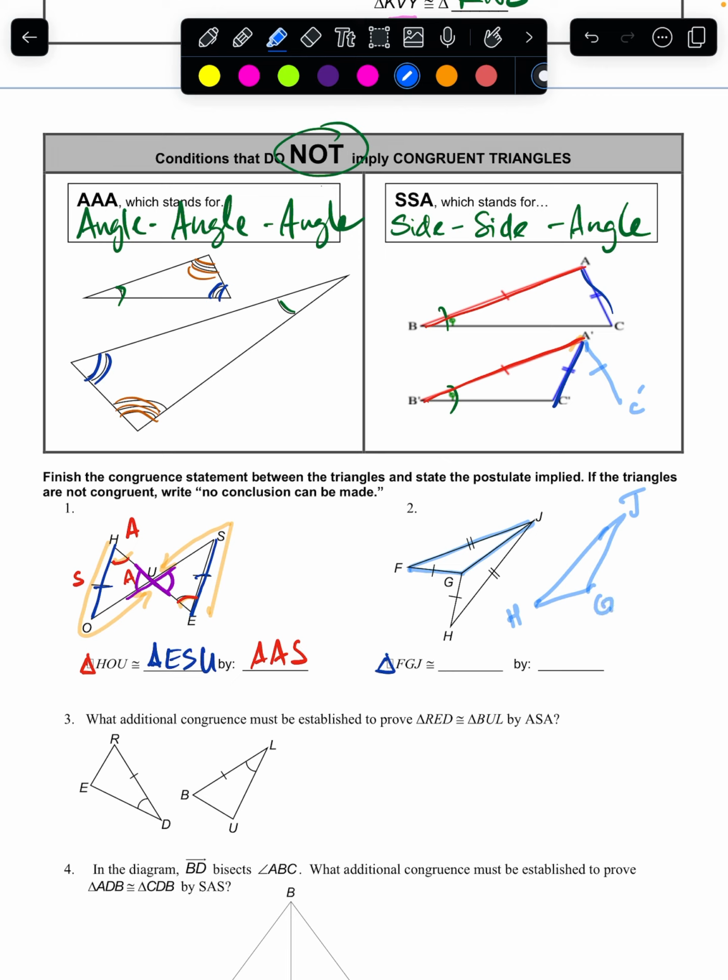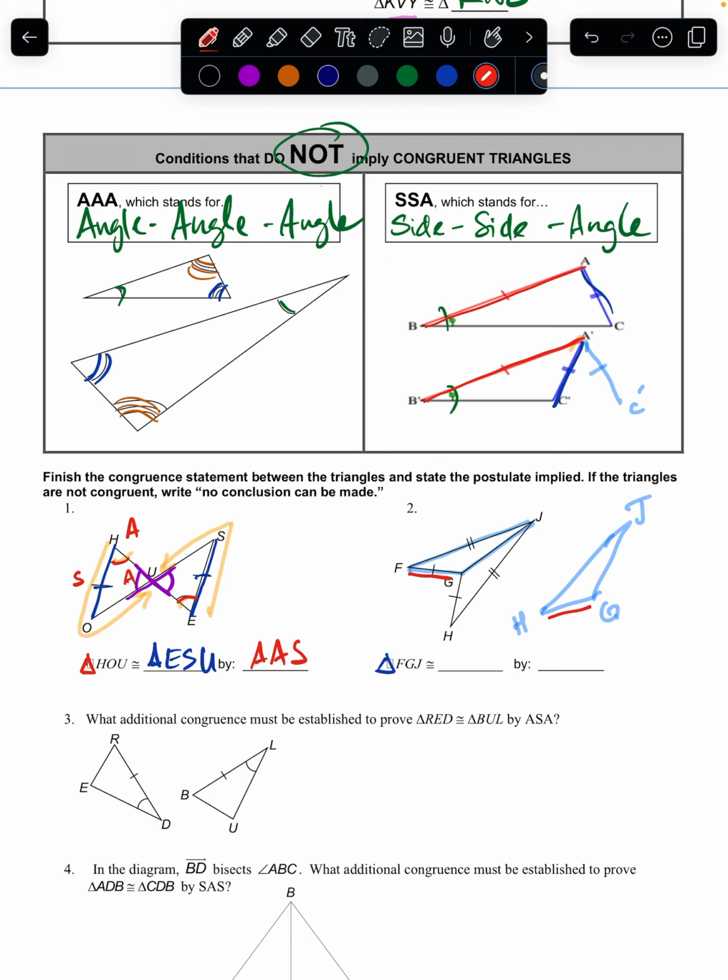Okay, so I'm trying to match this. Is there a way to rotate this? No, I cannot rotate it. But let's go through this. I know that FG and HG, these are congruent right here.